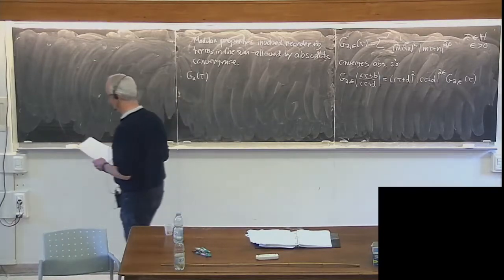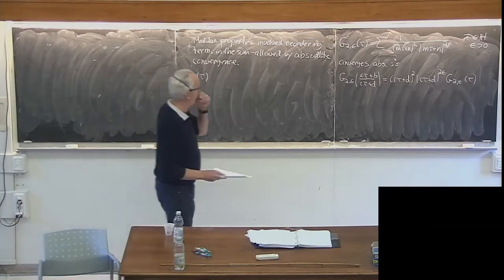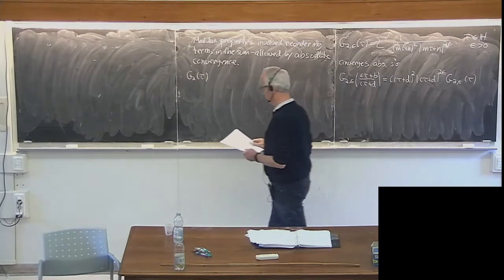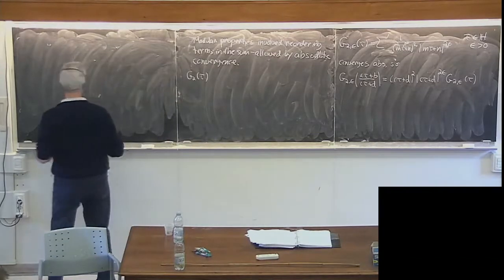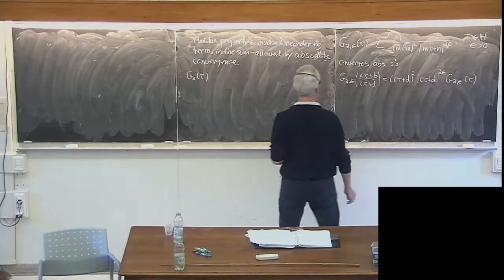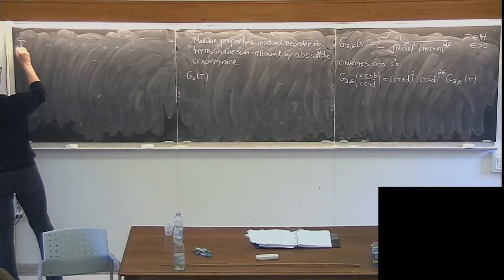All right, now you do a little trick, the idea being to try to subtract something off of this which will cancel the lack of absolute convergence of the sum as epsilon goes to 0. So you define the following integral.